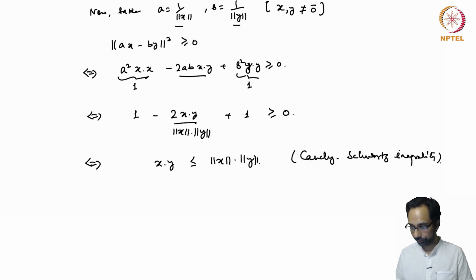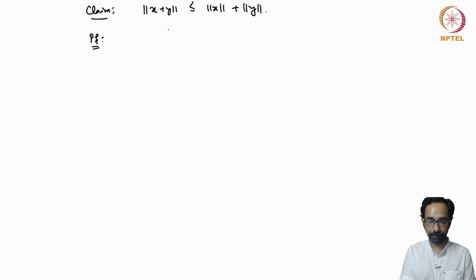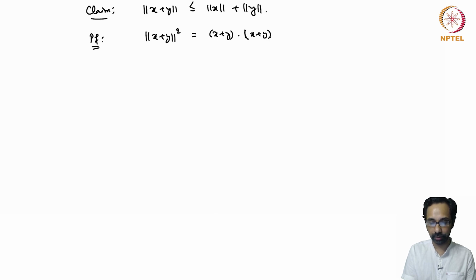So this was the first step for proving that D is a metric function. The next step is to show that the norm of x + y is less than or equal to norm of x plus norm of y. Here again we can use the fact that norm of x + y squared is equal to (x + y) · (x + y).